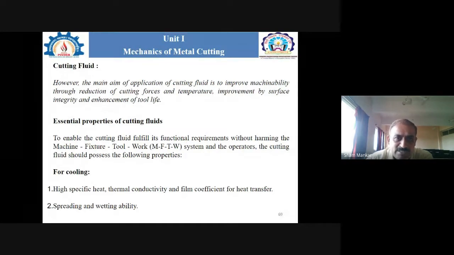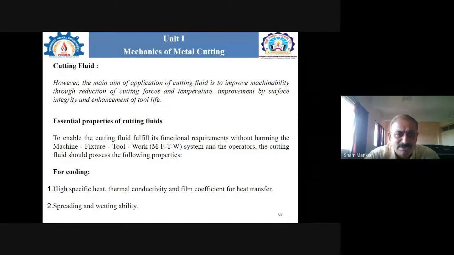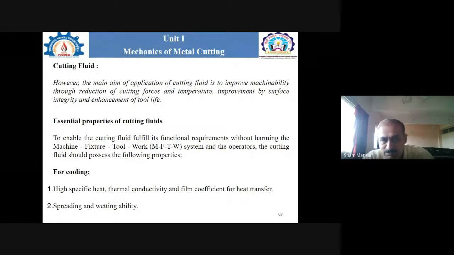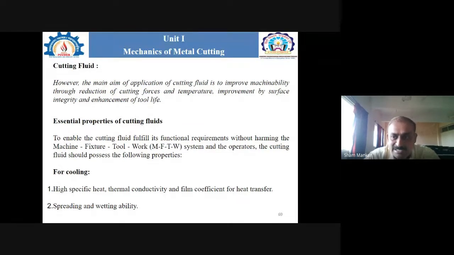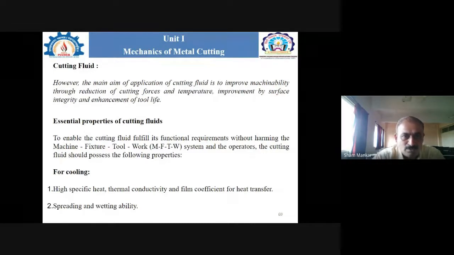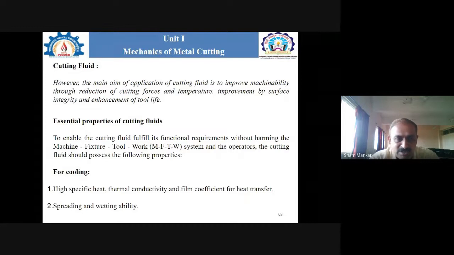Now, while considering machinability, we know there are different types of material which we use for converting the raw material into the finished product. For that case also, we know the machinability of the different categories of materials. To improve the machinability, we can recommend using cutting fluid.